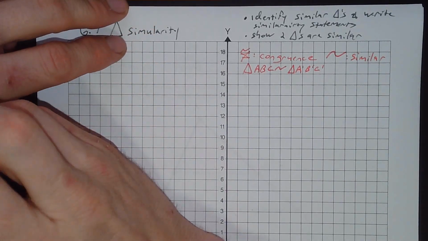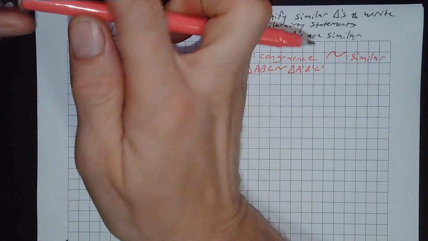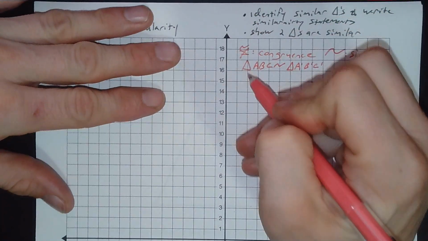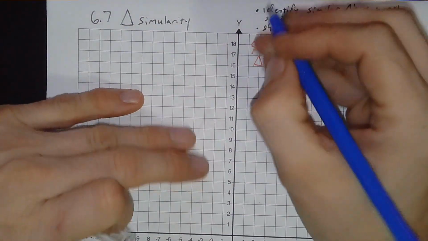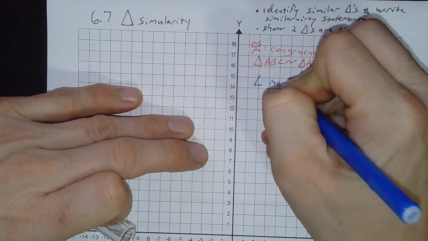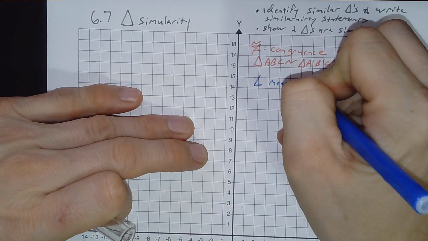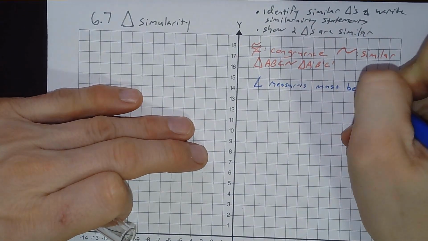So let's just go ahead. Remember, when two things are similar, they would have undergone a dilation or something. The angle measures must be equal.